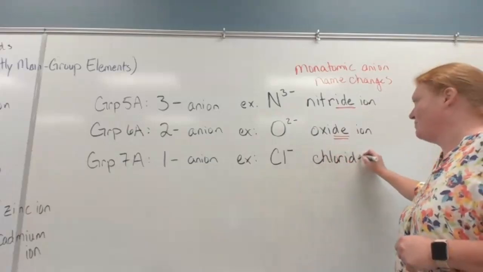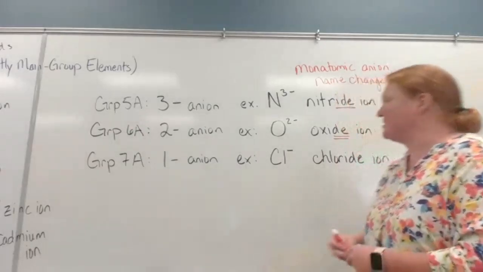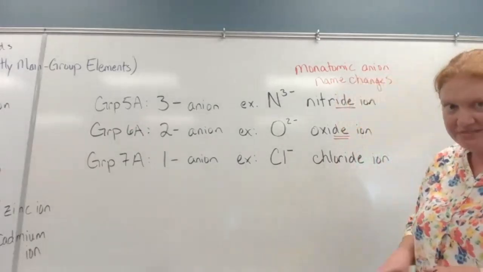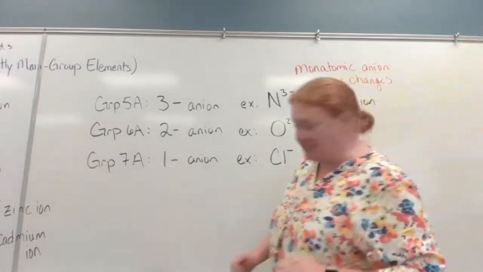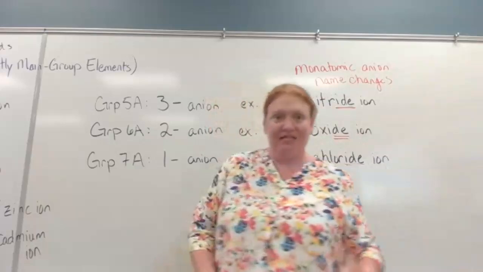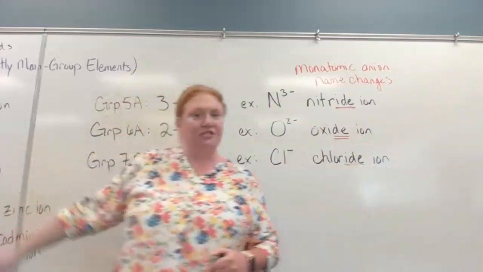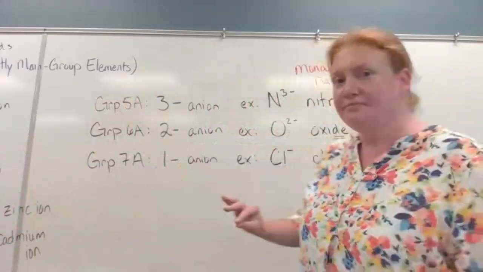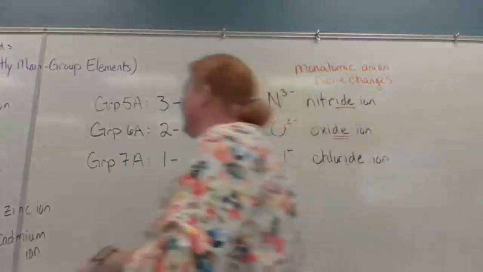When we talk about table salt, NaCl, that is why the name is not sodium chlorine. The name is sodium chloride, because this is getting into rules for naming these ionic compounds. The metal cation name is just the name of the element. The anion name changes the ending to ide.